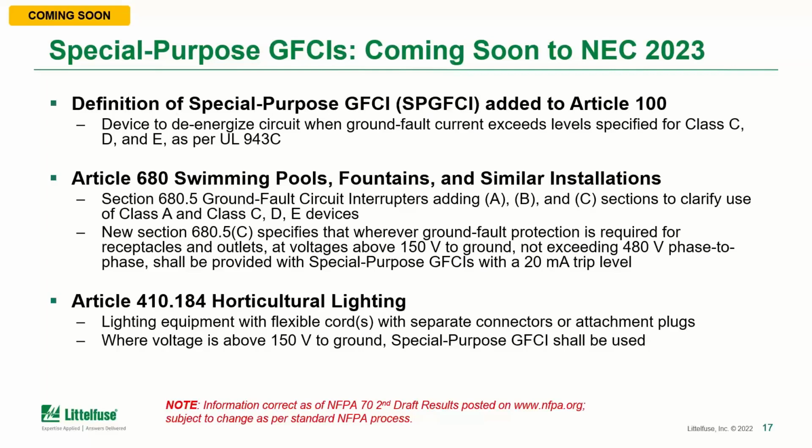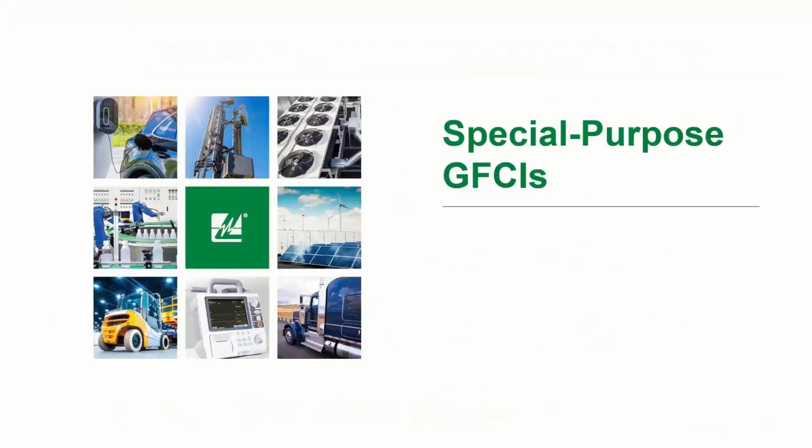If you're using 480 volt equipment in that similar application, the requirement will be to have a special purpose GFCI used with that equipment. And same for horticultural lighting in 410. So this is really going to raise the profile and bring special purpose GFCIs onto a lot more people's radar.